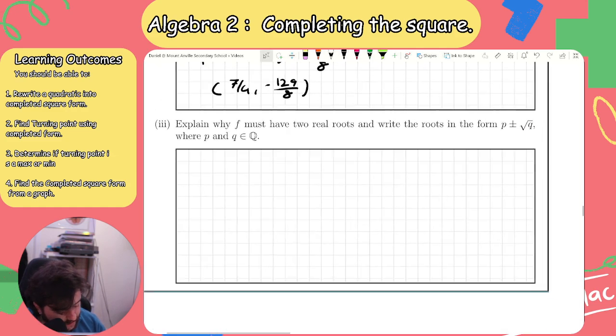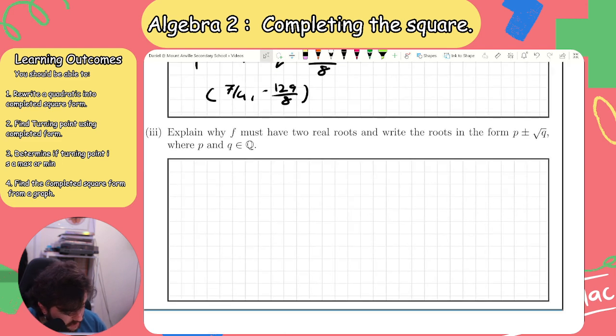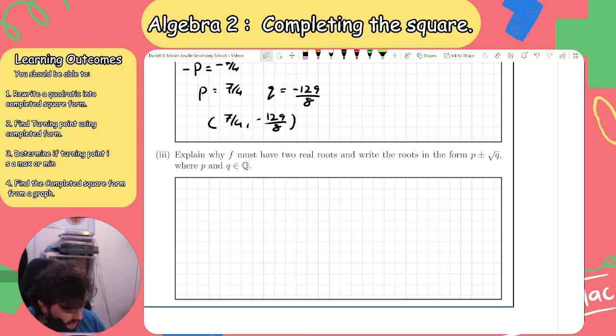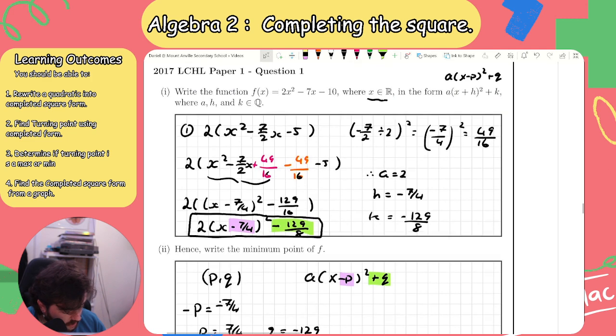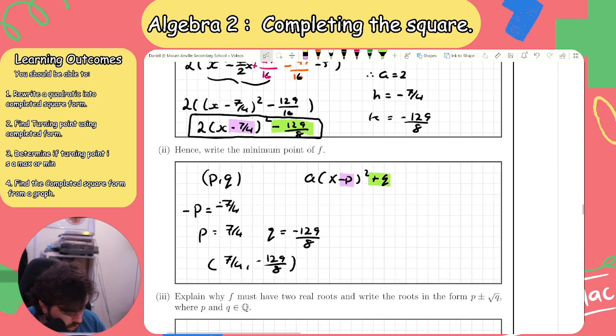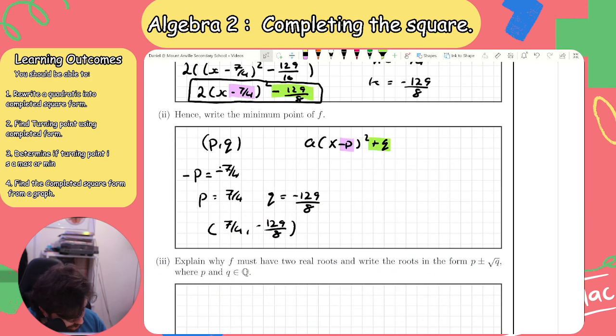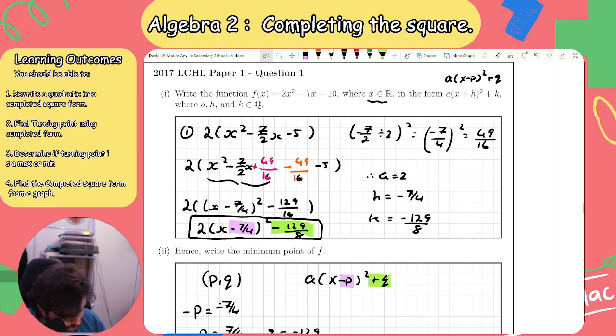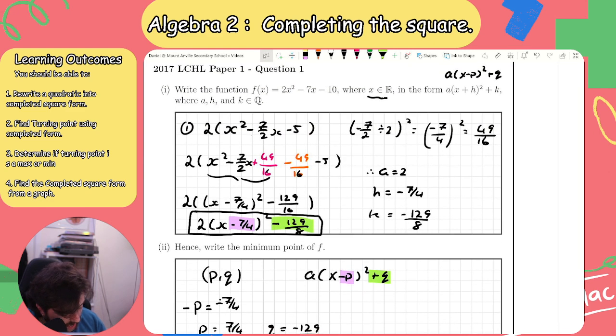And finally, explain why f must have two real roots and write the roots in the form p plus or minus root q. So why it must have two real roots: what we could do is comment on the discriminant of 2x squared minus 7x minus 10 and say the discriminant is greater than 0.